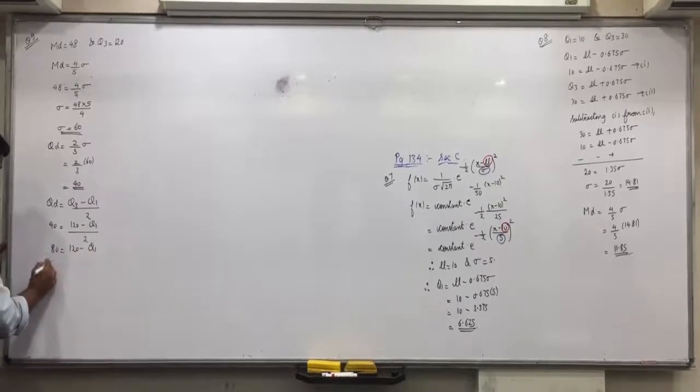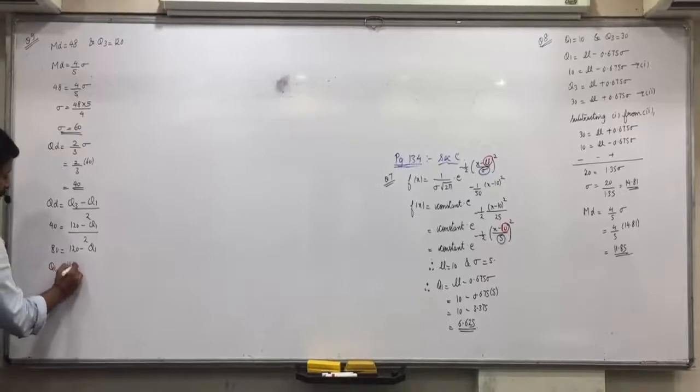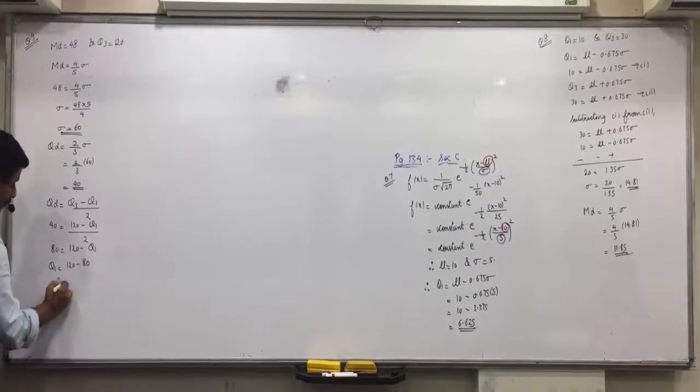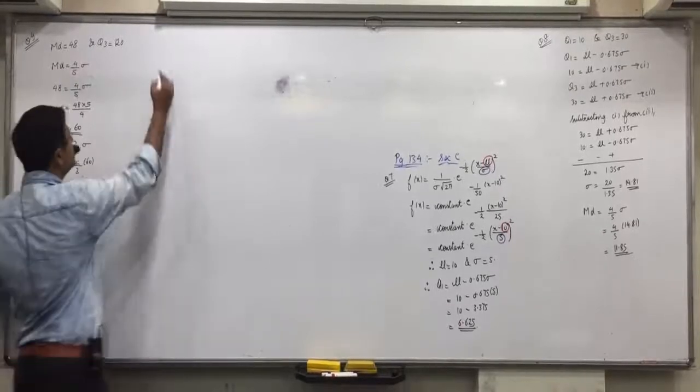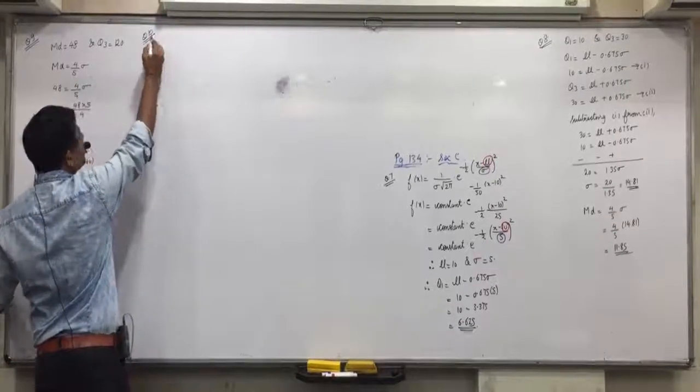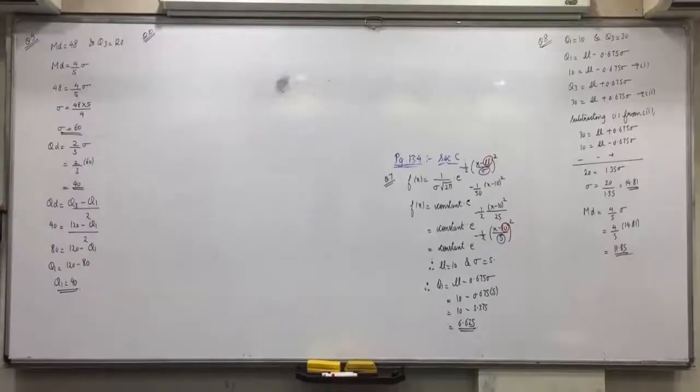Minus Q1 on the left becomes plus, 80 on the right becomes minus. Q1 is 40. Did you understand this ninth question, everyone?